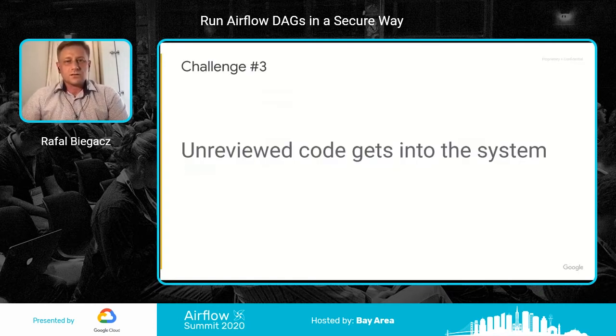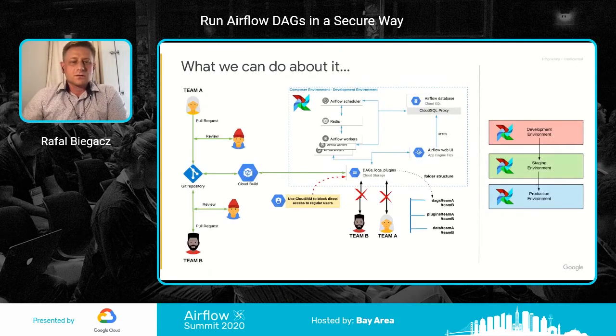The next challenge that you might have once you are running an Airflow setup is that some unreviewed code gets into the system. In general, we have DAG developers, software engineers, data engineers, data scientists who develop DAGs, and they also want, of course, to get the DAGs into your Airflow infrastructure so the DAGs start to be executed.